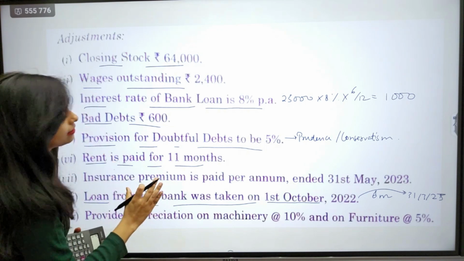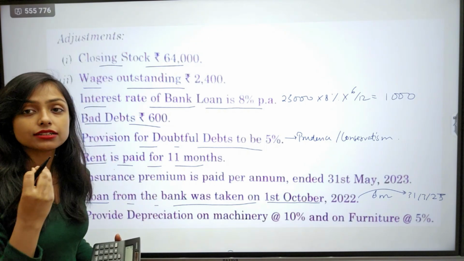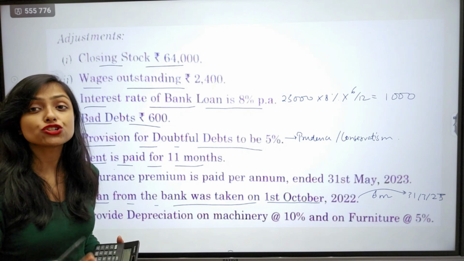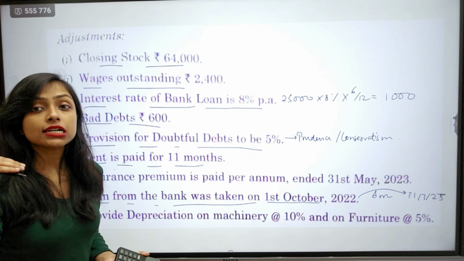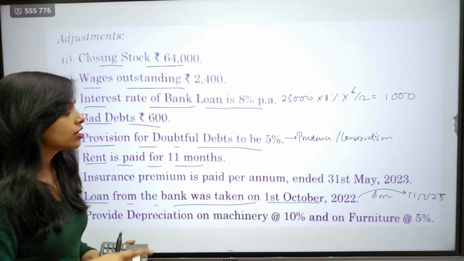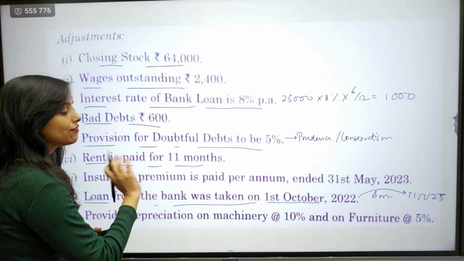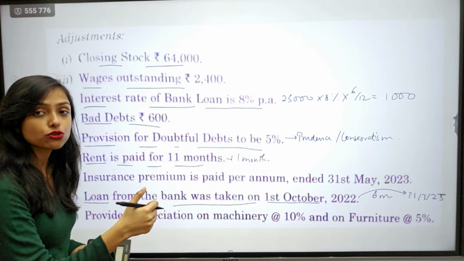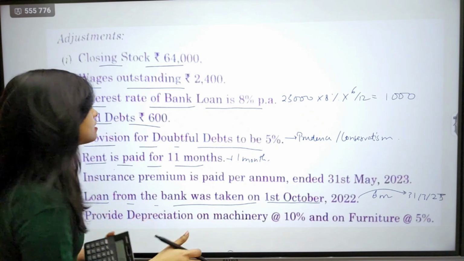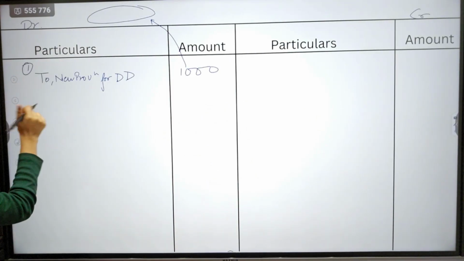Now, please understand that if I have taken the rental services for the whole 12 months, I should have paid for the whole 12 months. The whole 12 months expense belongs to this particular financial year. So I will show this 11 months plus the 1 month rent that I have not paid, according to the accrual concept, as my expenses in the PL account. See how we are going to write it.